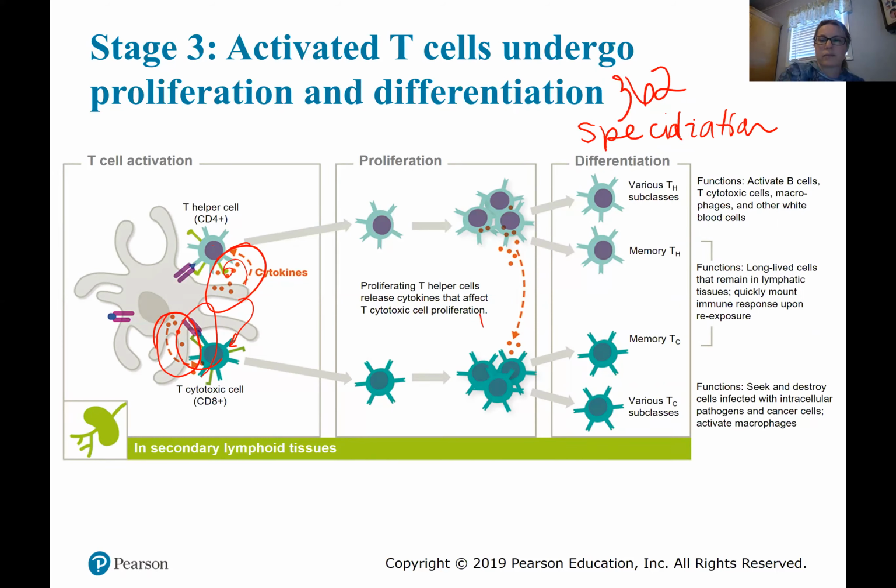Okay, so we have memory T cells. Then we have some other kinds of T cells that we aren't talking about, and then memory killer T cells as well. And this is all happening in the lymphatic system.